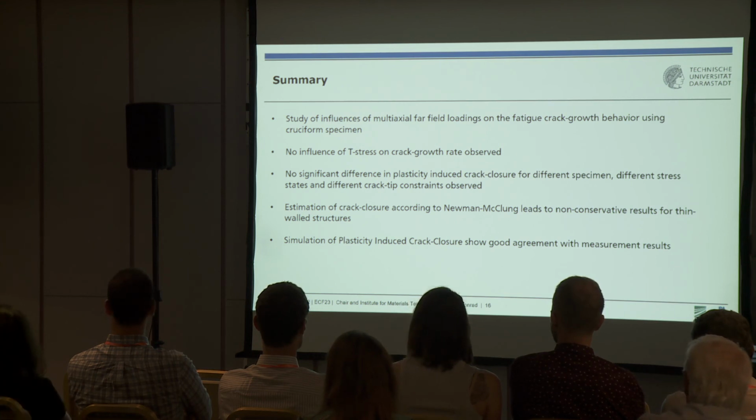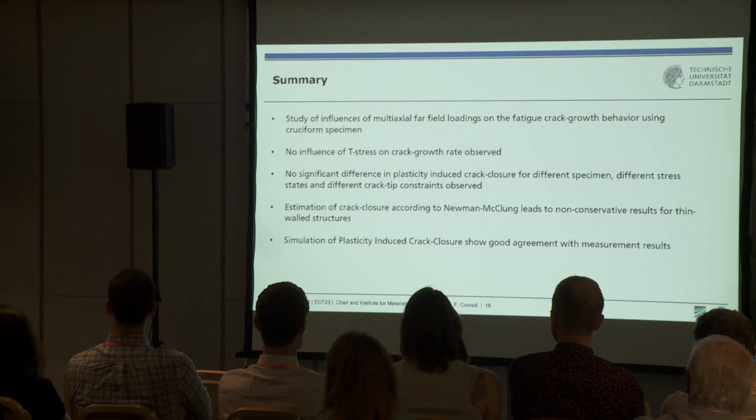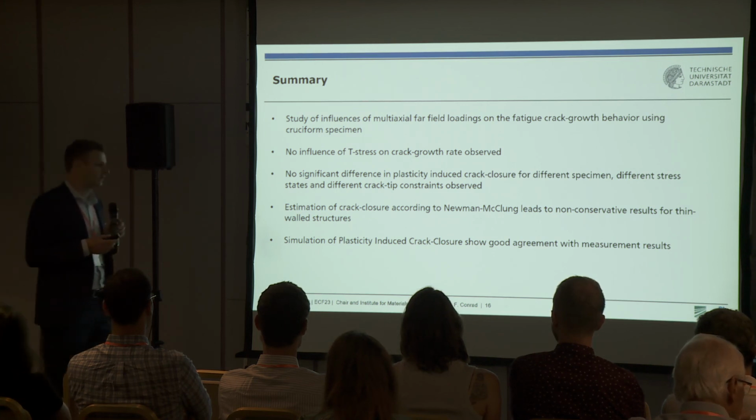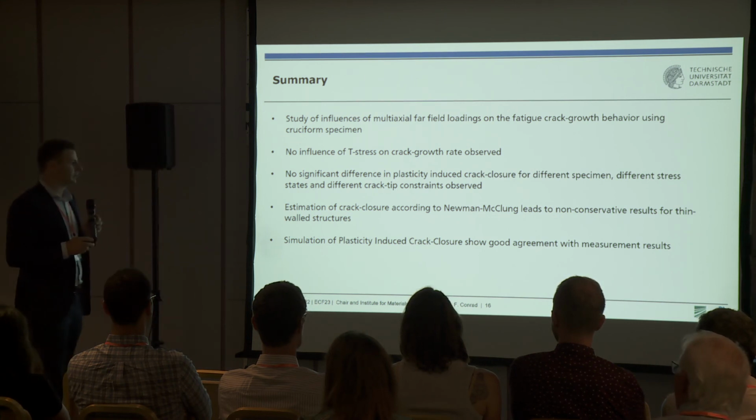If there is an assessment for thin-walled structure, use an alpha of 3. This is less non-conservative and comes more close to the plasticity-induced crack closure that's taking place. And we see that the simulation is capable of describing the plasticity-induced crack closure within a good agreement, actually.